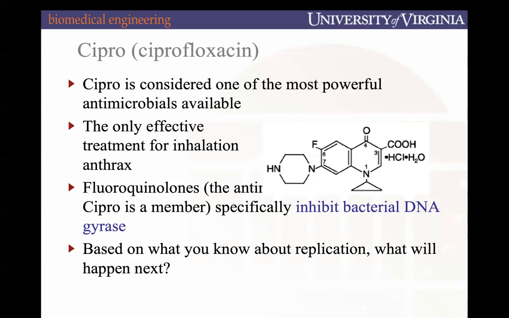Based on what we know about gyrases, what do you suspect Cipro is going to do to anthrax bacteria? Yes, you did get the hint that it inhibits replication, but based on it targeting DNA gyrase, how do you suspect that it's inhibiting replication?